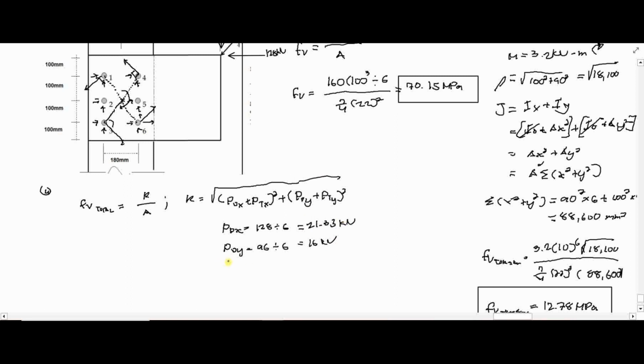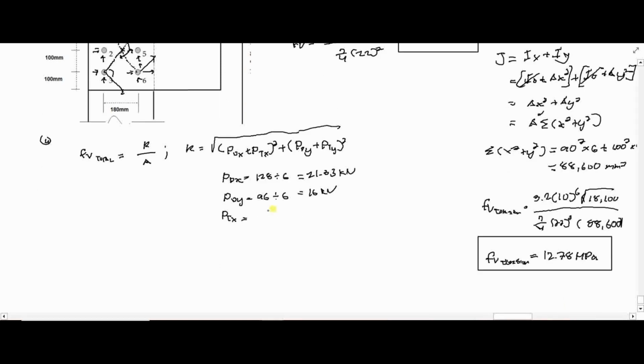Okay, so we have PTX. For PTX, we can use Fv computed from number 2, 12.78. So that's 12.78 times the area of the bolt, pi over 4 times 22 squared, multiplied by the component, 90 over square root of 18,100. So our value here is 3.25 kilonewton.